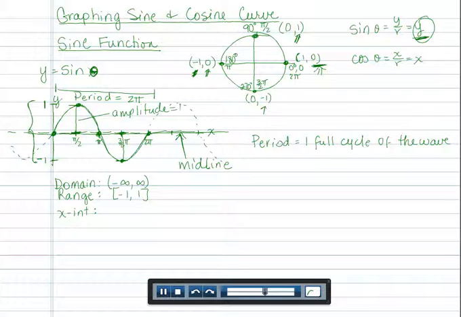And the amplitude for this curve is going to be 1. From 0 to 1 is a difference of 1. In order to find the midline, let's say that you have the maximum and the minimum of the curve, then you would do the maximum plus the minimum divided by 2. And that would give you the midline.